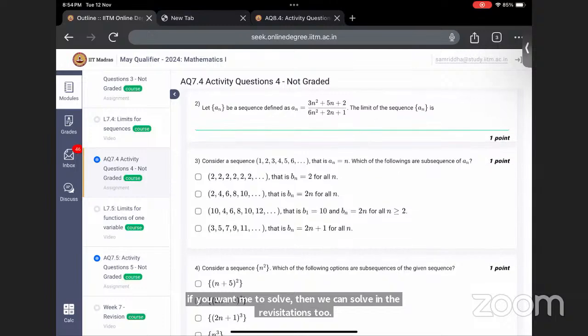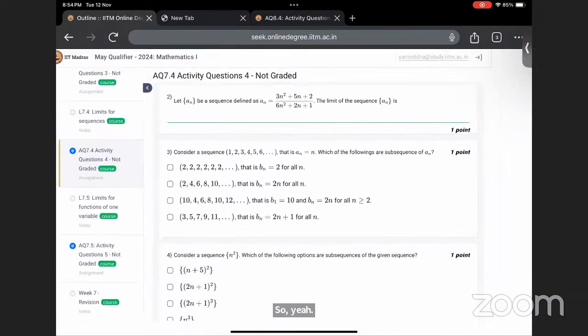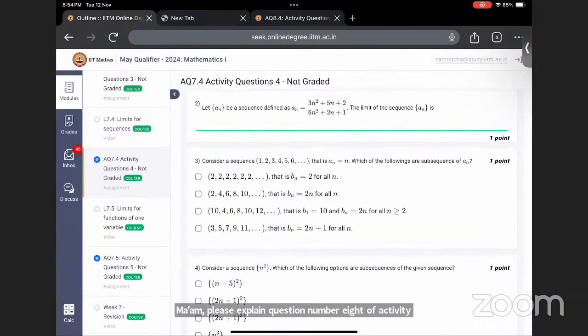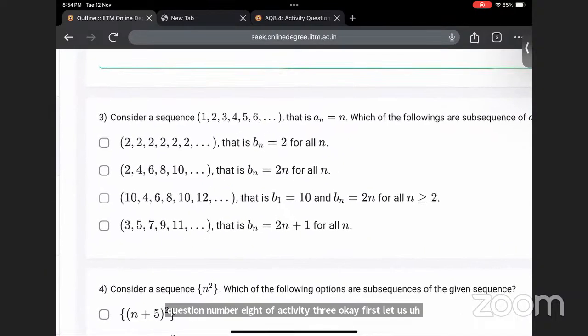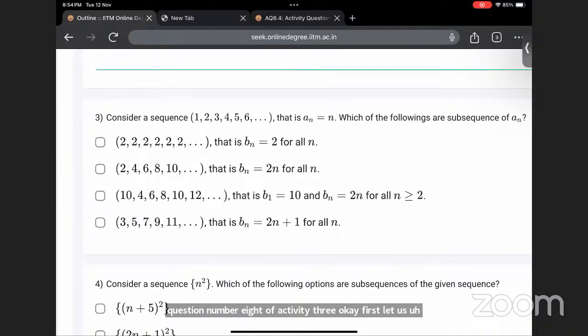Ma'am, please explain question number 8 of activity 3. Okay, question number 8 of activity 3. First let us go through the question. Is there anyone with a doubt in this question?